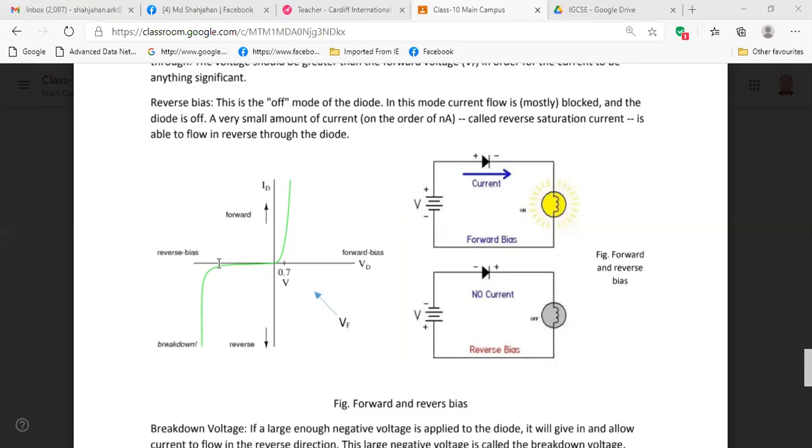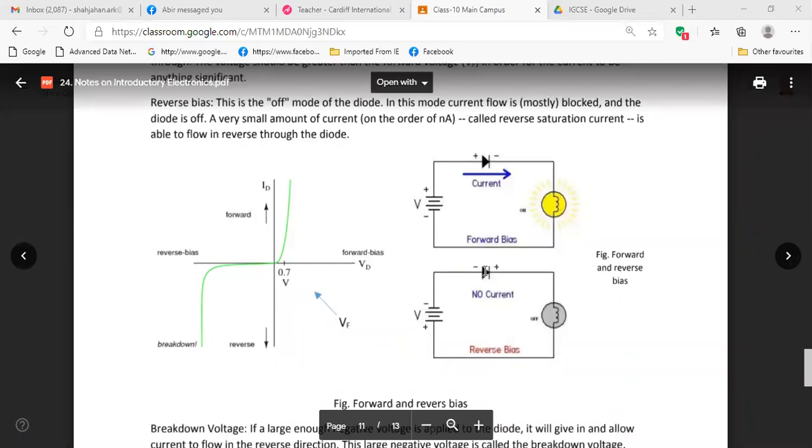It's closer to the x-axis. That means you see in the y-axis we have the voltage, so here almost zero, a little is going.